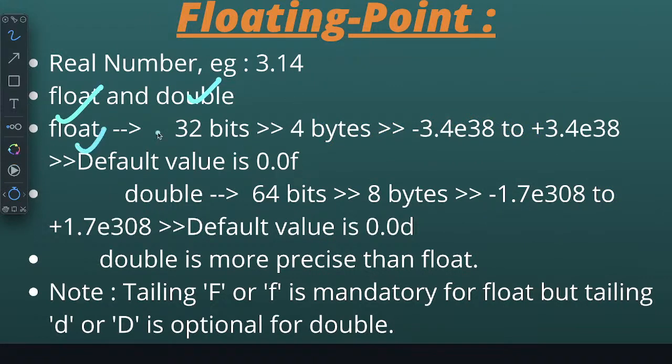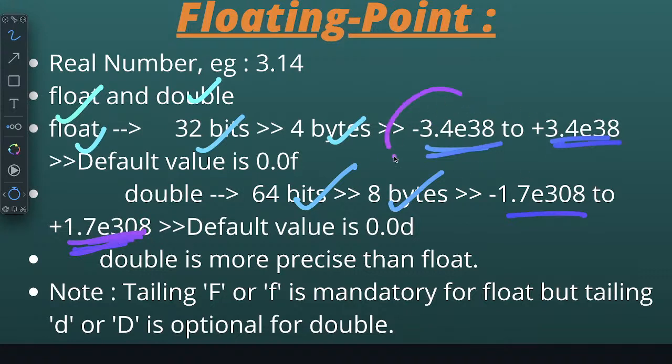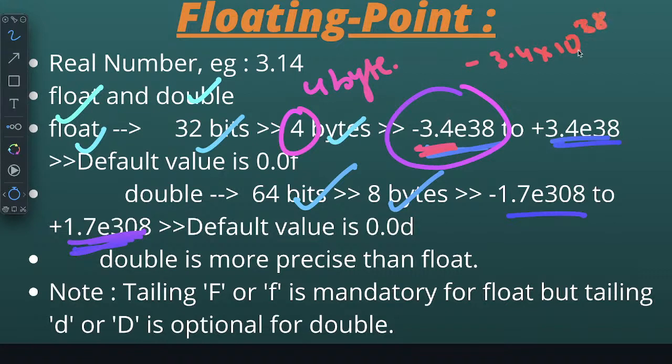Float is of size 4 bytes, that is 32 bits, and double is of size 64 bits, that is 8 bytes. Now you can see the difference in the size range. Just note this, because when we move to typecasting we'll need this information. Float is of size 4 bytes, with a range of minus 3.4 into 10 to the power 38 to positive 3.4 into 10 to the power 38.